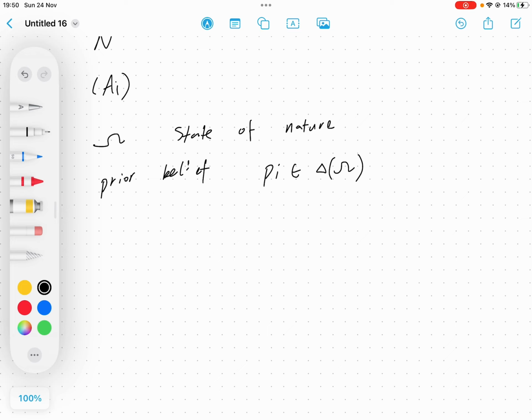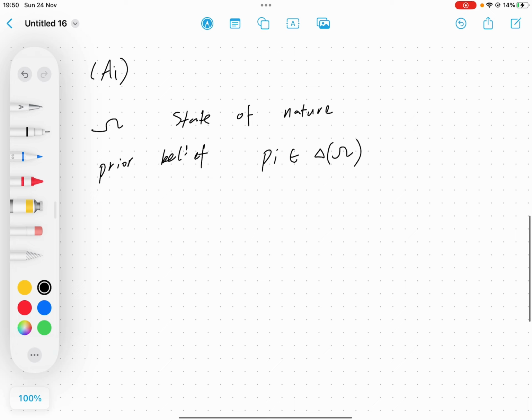Later we'll also introduce this signal function, which generates some signal from the state. That signal might be a fully revealing signal, or maybe nonsense, or maybe a general signal, like between 0 and 1, which is somewhat helpful for the players who want to know about the state, right? So we use tau_i, which takes omega as the input, as the signal function for player i.